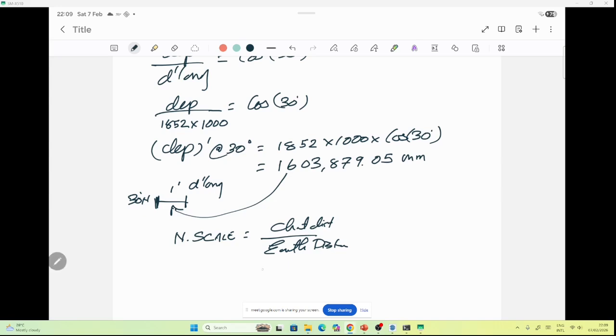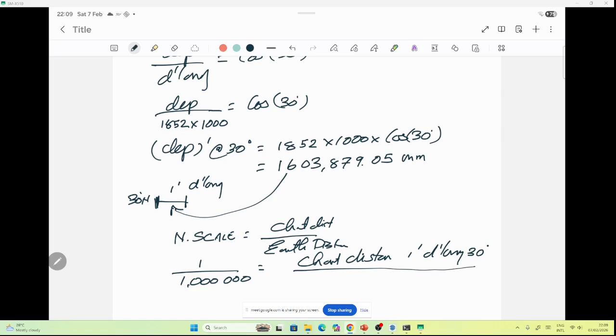So we know our natural scale is already given, that is 1 to 1 million, which is equal to the chart distance of 1 minute d long at 30 degrees divided by 1603.879 decimal 05.